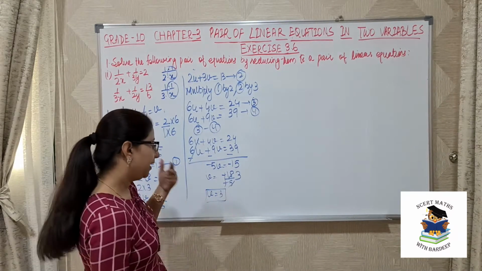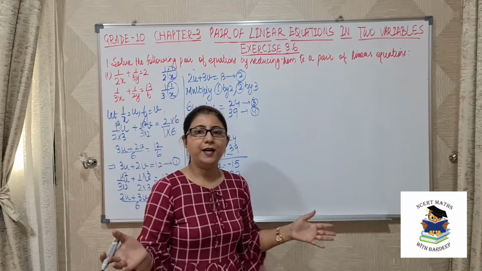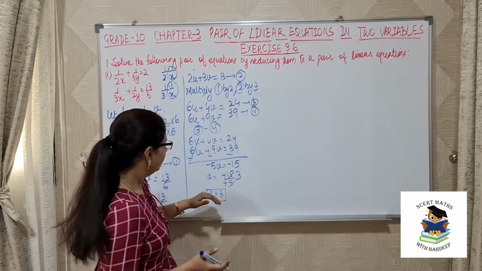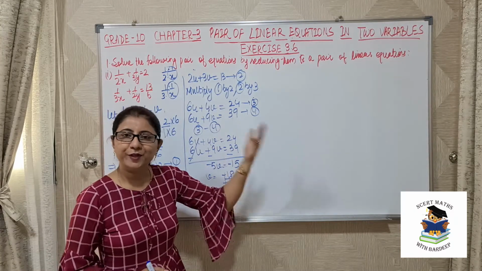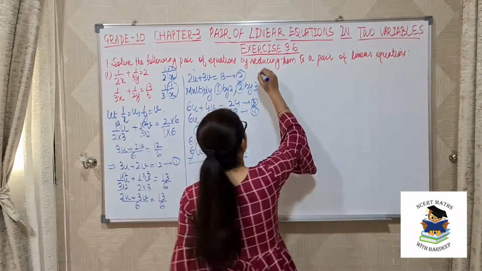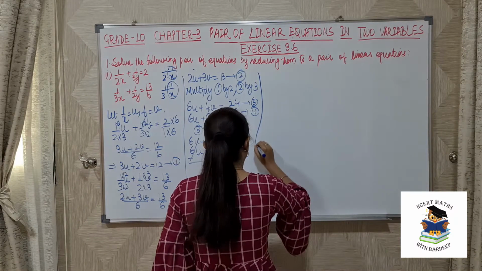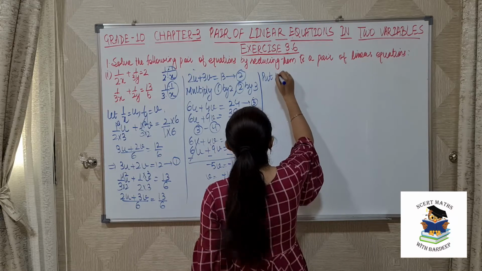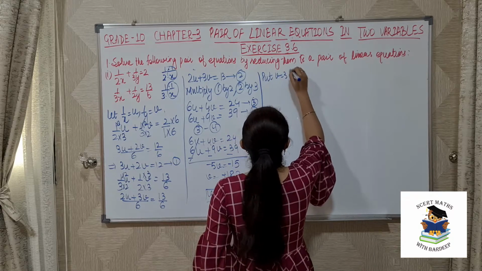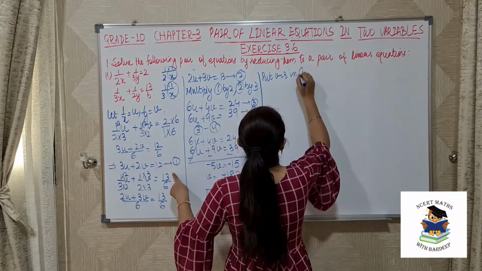Okay. So now again our choice, we can combine more than one method to solve it. So now I will substitute this v in any one equation to find the value of u. So put v equals to 3 in any one equation, suppose 1.